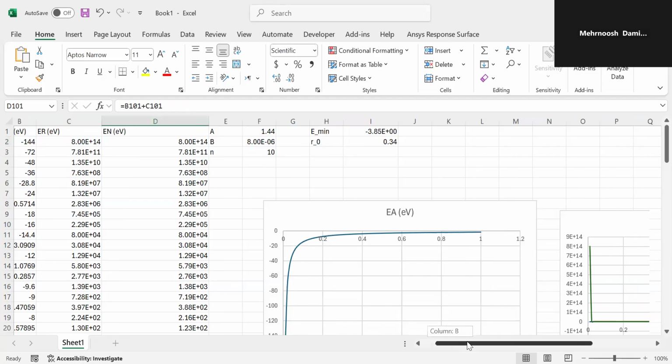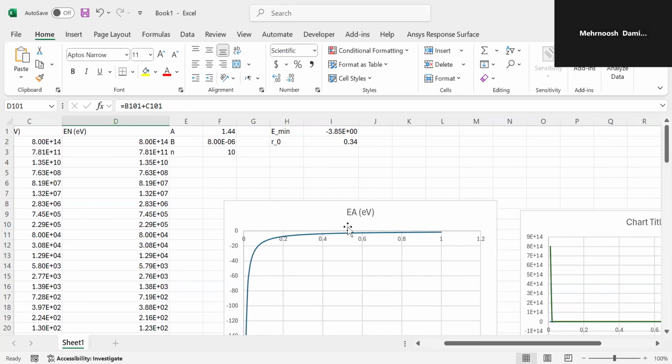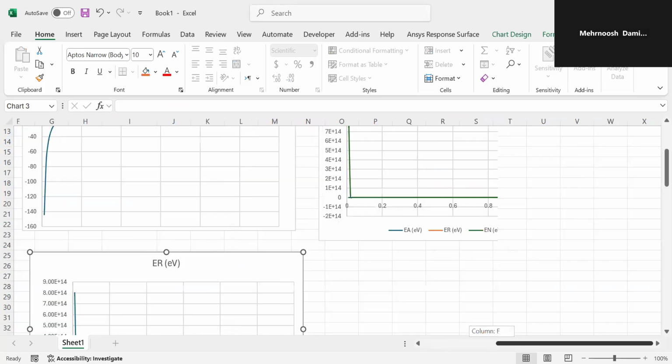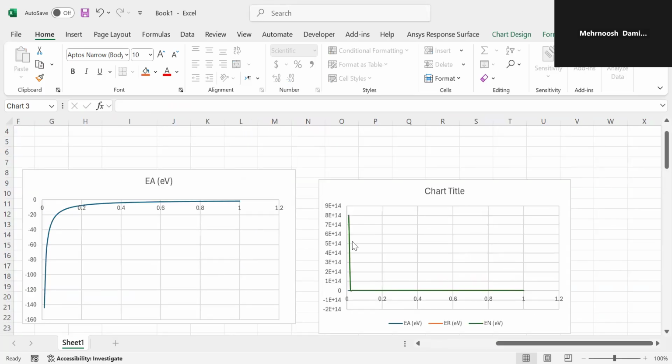What I have done is plot the attractive energy, repulsive energy, and the total, EA, ER, EN, but you only see EN. Why? Because some parts lie on top of each other and you only see the net energy.